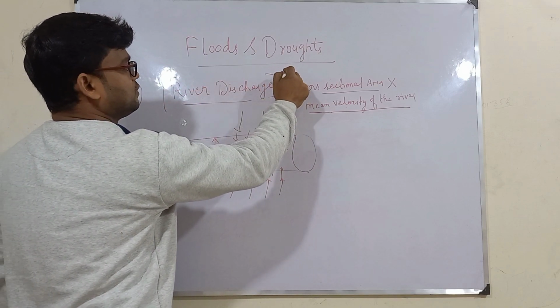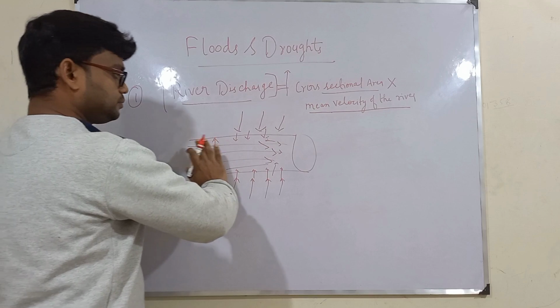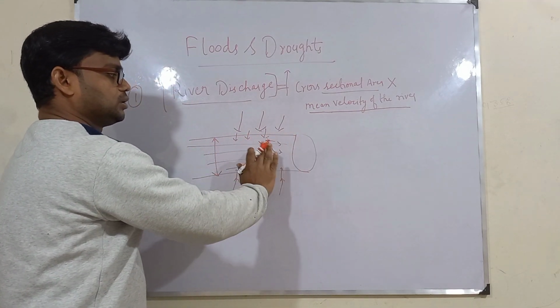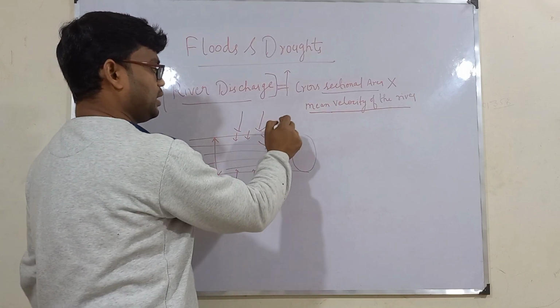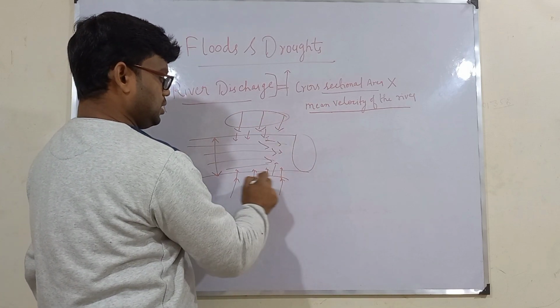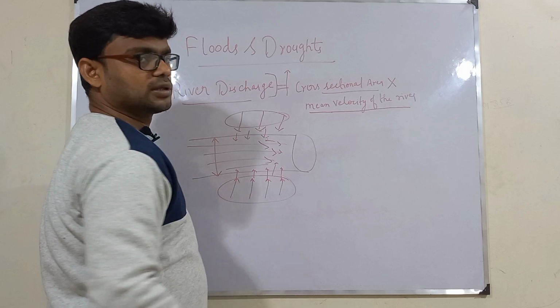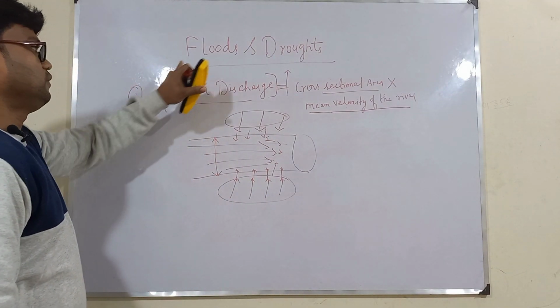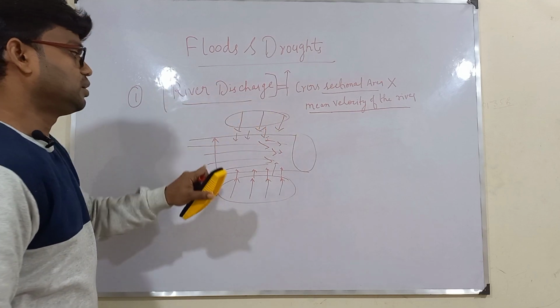What happens when this river discharge increases? The water flowing through this channel runs out and gets spread in the floodplain areas, causing floods. So this is the first reason for floods, that is river discharge.